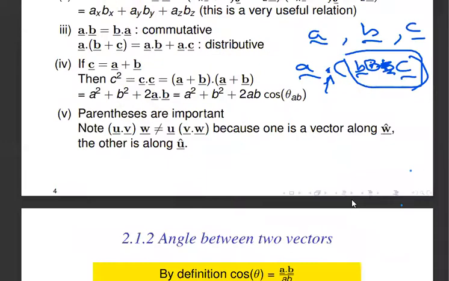So, okay, let's look at this one here. This is a real number, u dot v. This is a number, and a number multiplied by a vector means stretching or shrinking. It could be negative, positive, or zero. If it is zero, the result is the zero vector.